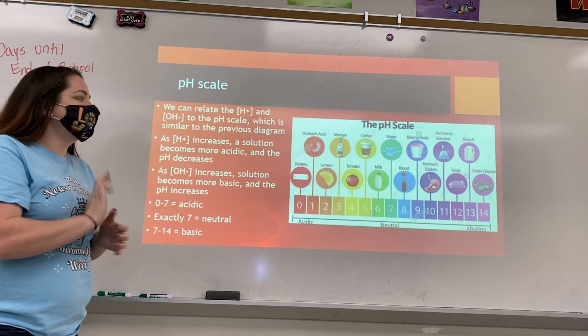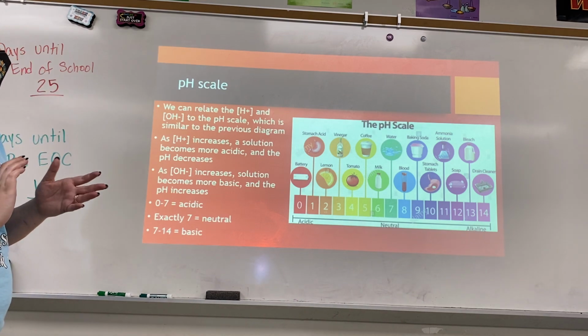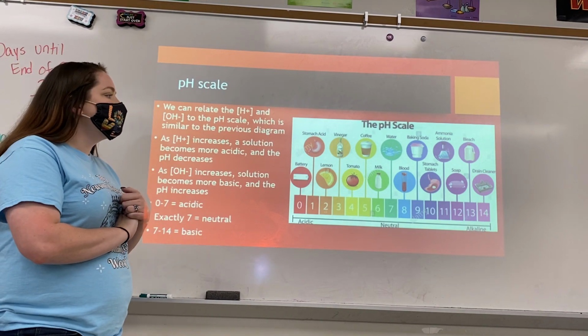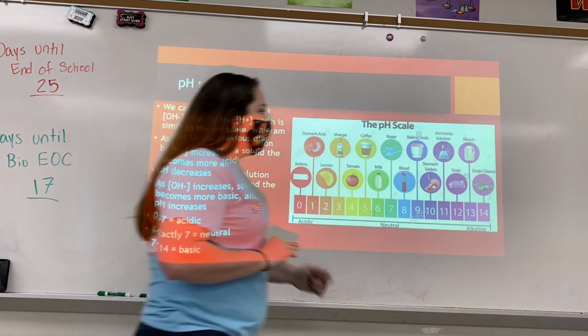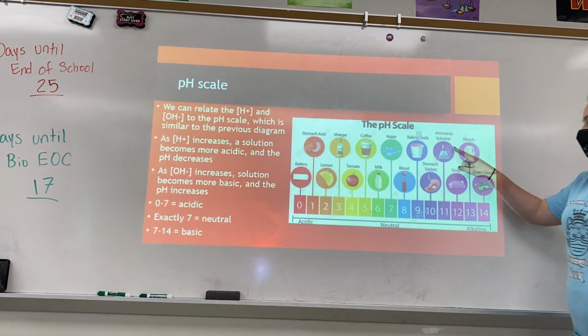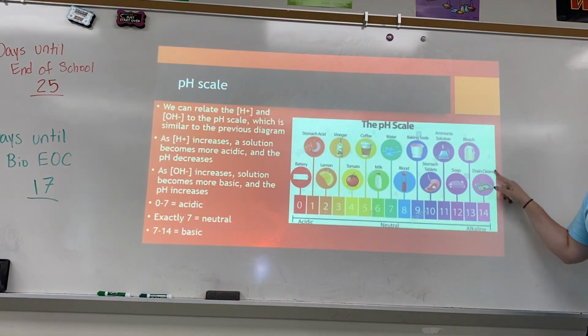And then your basic solutions include blood, baking soda, stomach tablets, and then notice how you have all of your cleaning supplies over here as very, very basic solutions. Okay? So ammonia, soap, bleach, drain cleaner, those are all basic solutions.